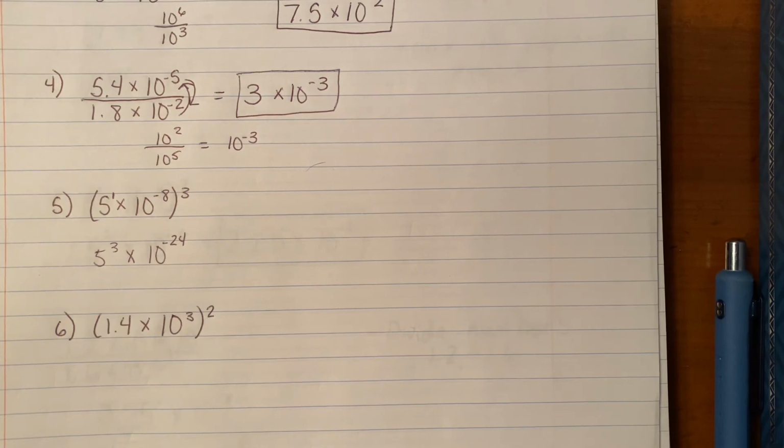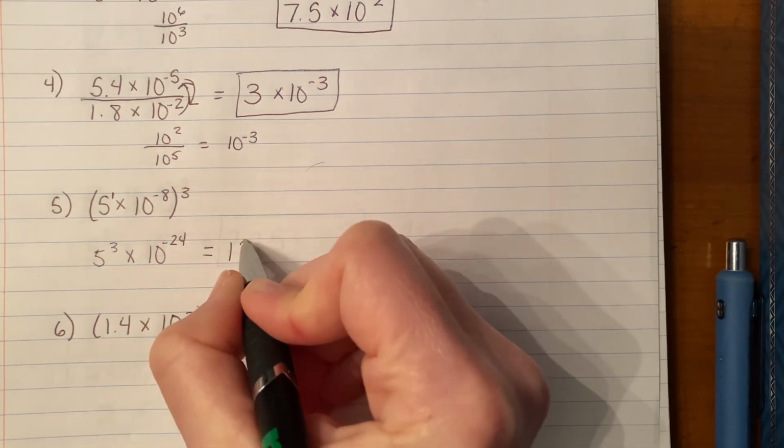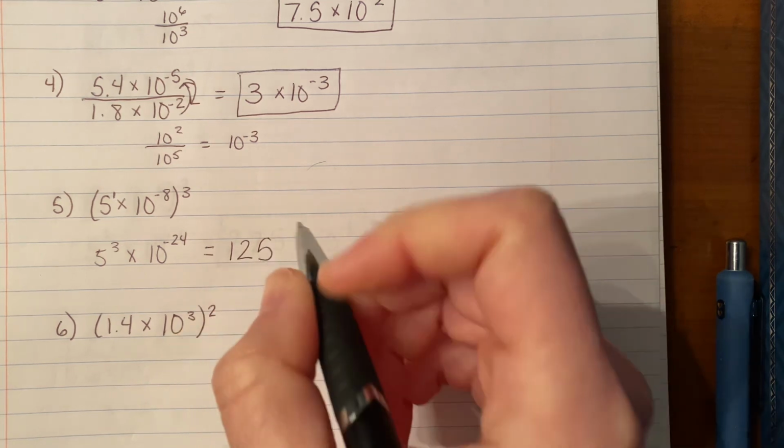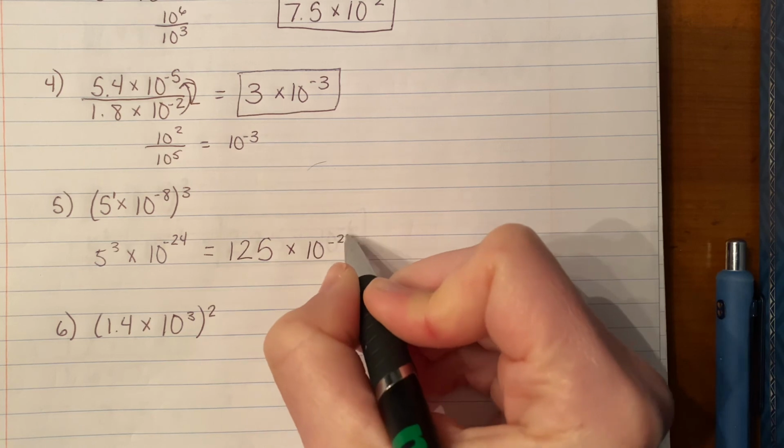So 5 to the 3rd power, remember, is 5 times 5 times 5, so don't do 5 times 3 and say it's 15, because it's not. So it'll be 125 times 10 to the negative 24.